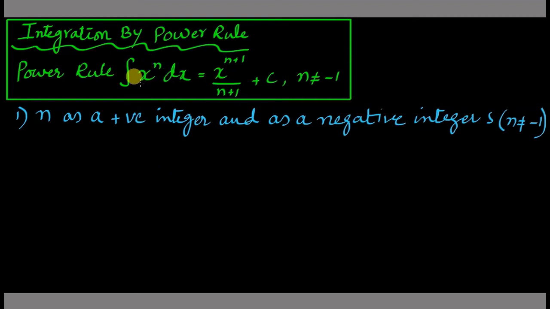In this way you can choose any number. How can we check the power rule is okay? How is this formula generated? Actually this belongs to differentiation.